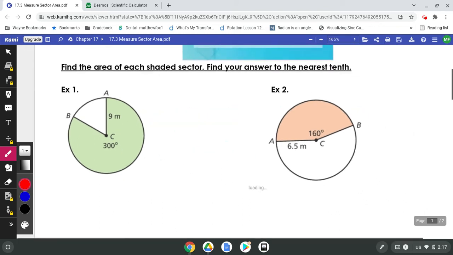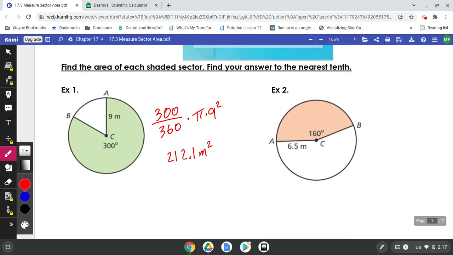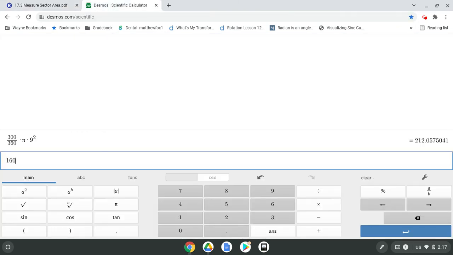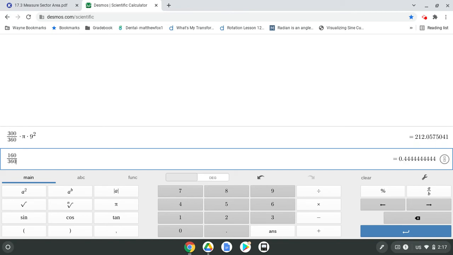All right. Example 2. Same approach. Now we got 160 over 360 times pi times 6.5 squared. So we'll do 160 divided by 360 times pi times 6.5 to the second.